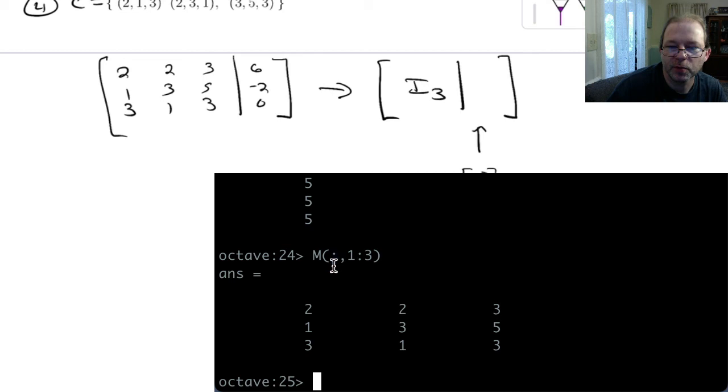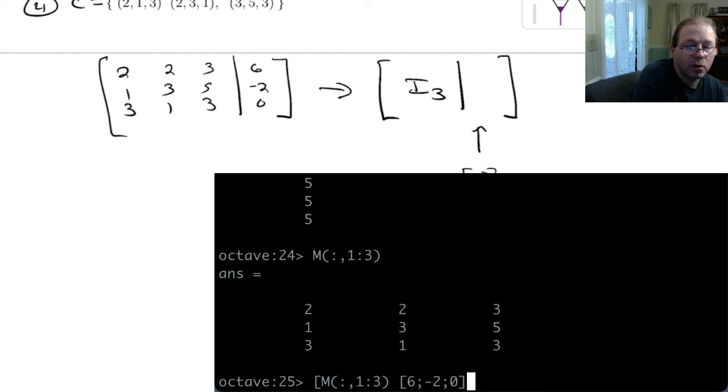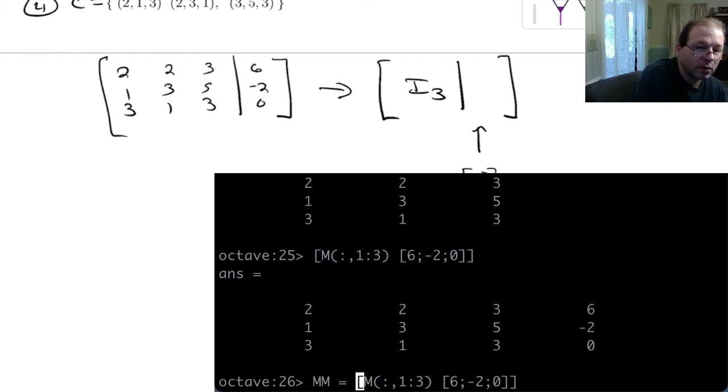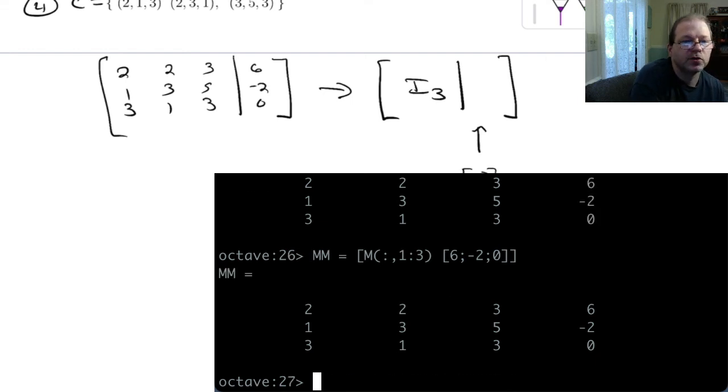This is the range that we want for the rows, and this is the range we want for the columns. And if you just put in a colon with nothing around, it takes the whole matrix. So I could take this, and then I'm going to tack on the column matrix 6, -2, 0. It gives me what I want. Of course, you could just type the whole thing in, but anyway.